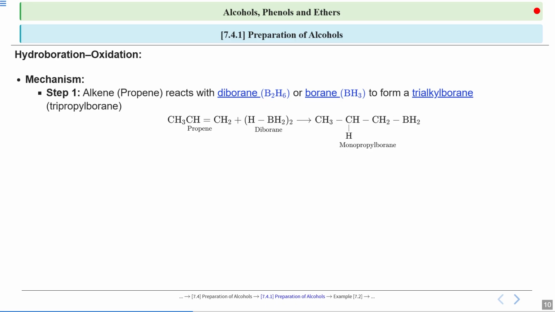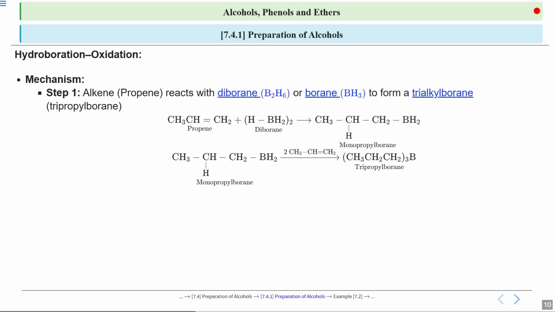So you will get a monopropyl borane after the reaction of propene with diborane as per anti-Markovnikov addition. So hydrogen will attack the less hydrogen substituted carbon, and the BH2 negative will add upon the double bonded carbon having more hydrogens. So you will get CH3CH2CH2BH2.